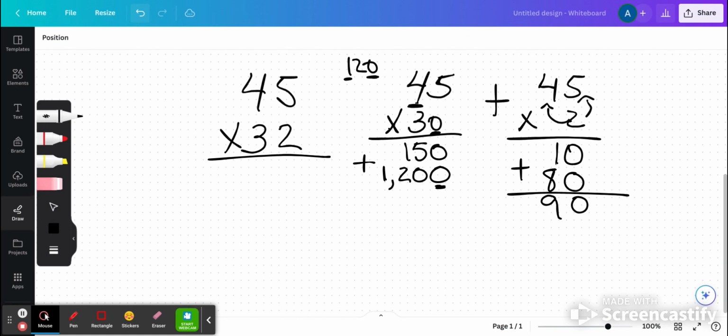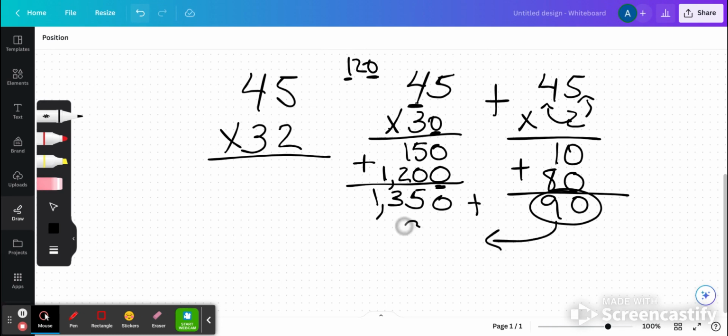We're going to add those up. We get 0, 5, 3, and 1, 1,350. And then our final step is to add both 90 and 1,350. So I'm going to bring that over, line it up by place value, and add. 0 plus 0 is 0. 9 plus 5 is 14. 3 plus 1 is 4.